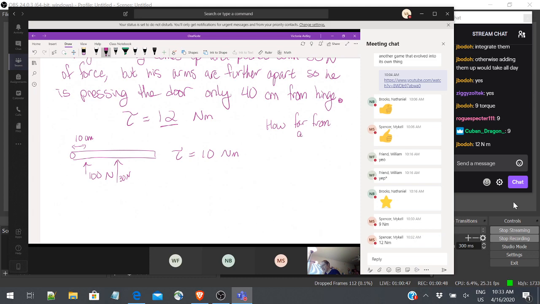This idea of how far it is from the axis is sometimes called a moment arm. If you're a mechanical engineer, a torque is also called a moment. In physics, a moment just means a quantity multiplied by distance. So in physics, you see a lot of different moments.